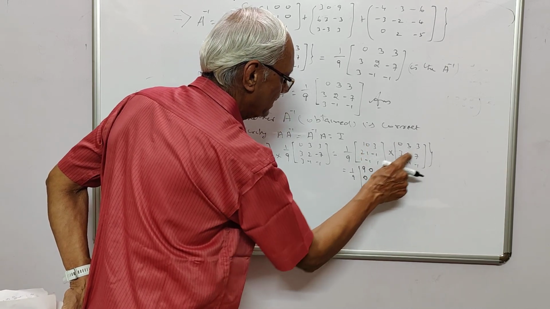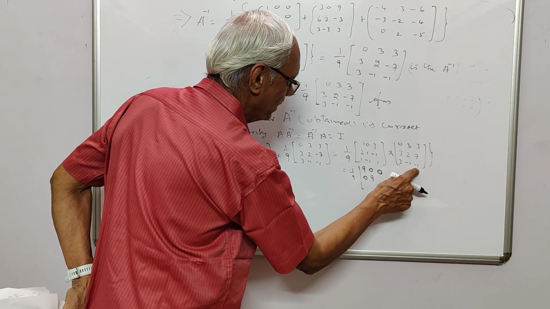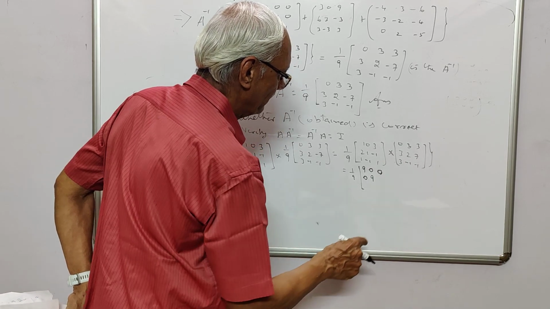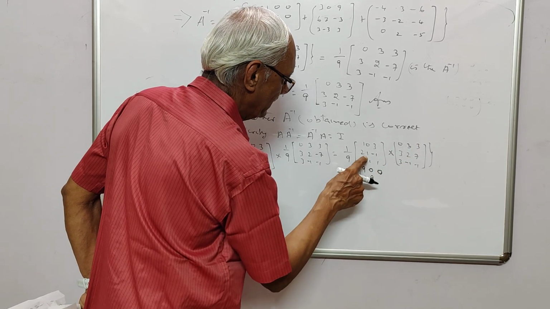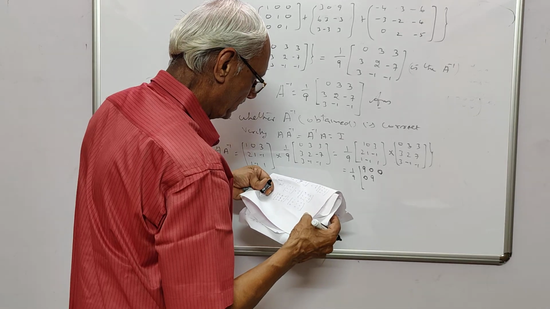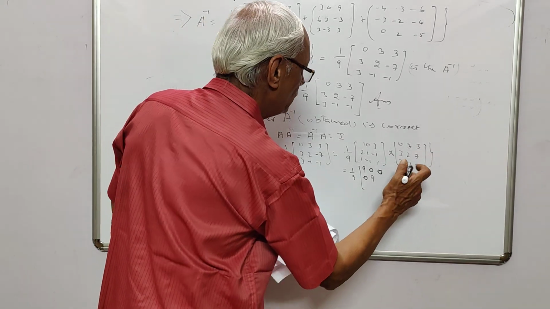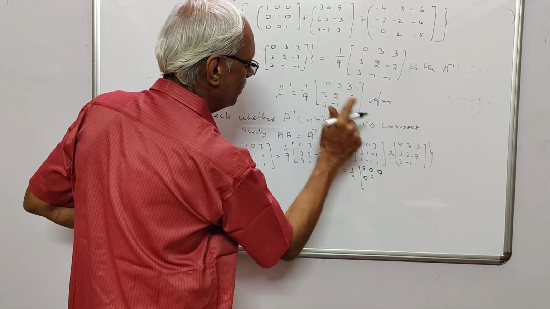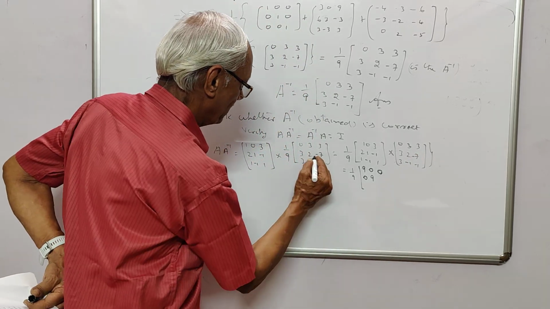2 into 3 is 6, 1 into 7 is 7, so it is plus 1, so plus 7, minus 7 and plus 7. 2 into 3 is 6, then it is 7. So here let me check, it is 0 3 3, 3 2 minus 7, see here minus 7.